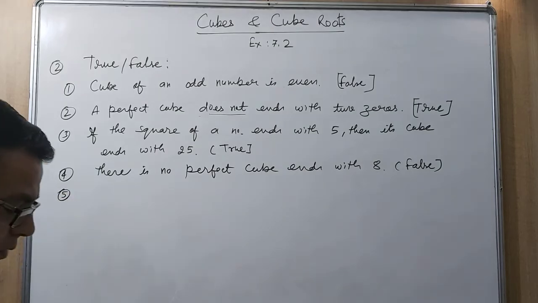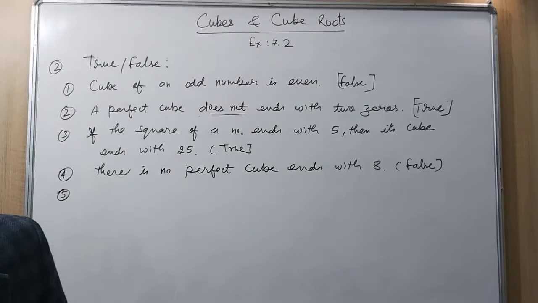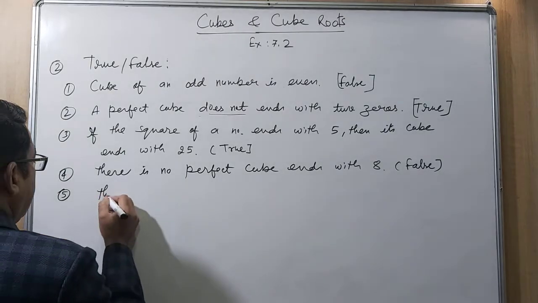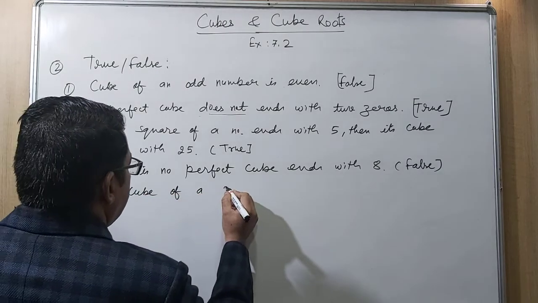Now the 5th part. The cube of a 2-digit number may be a 3-digit number.